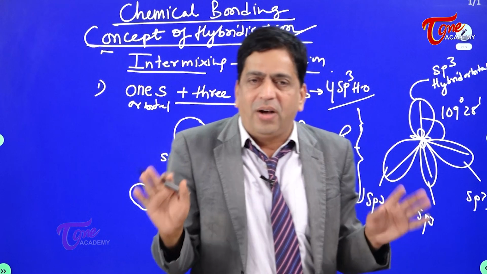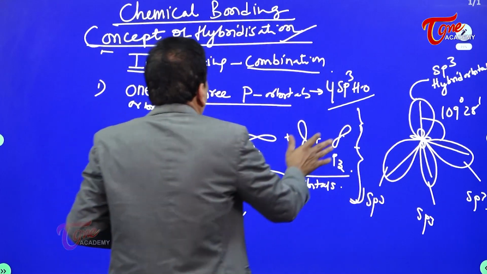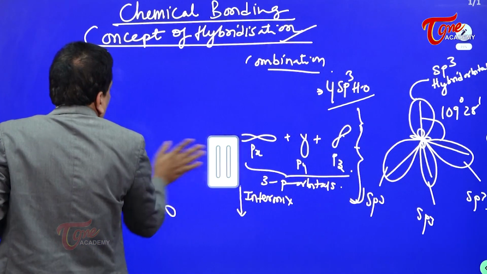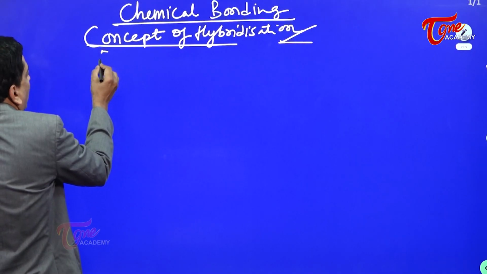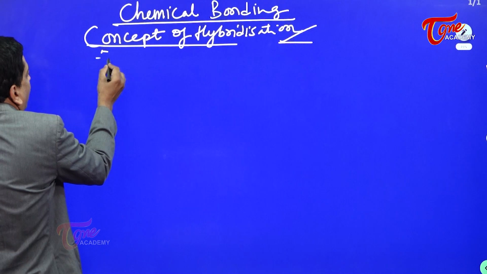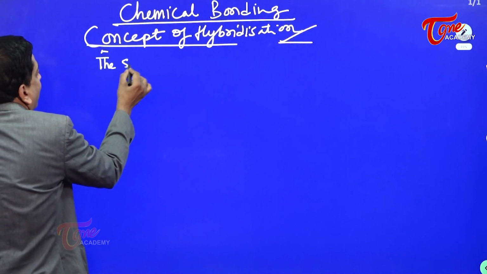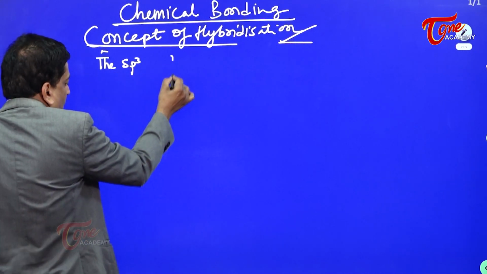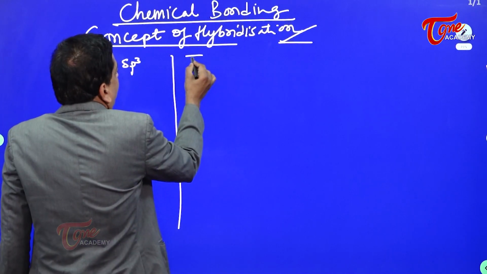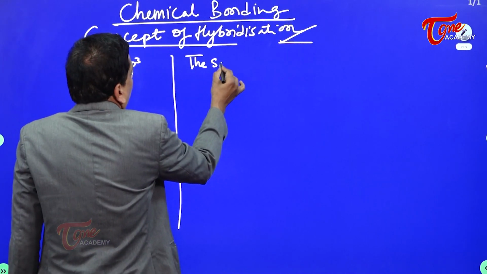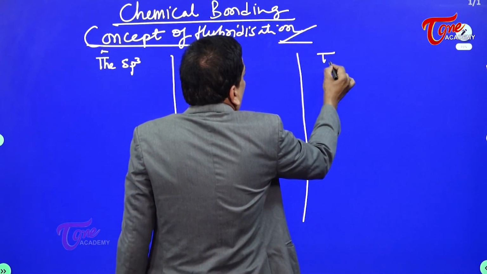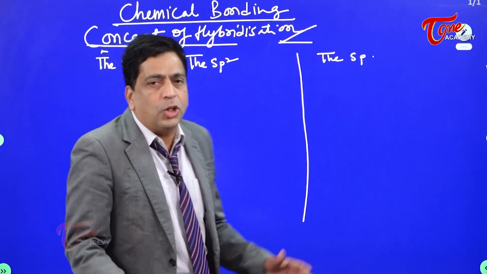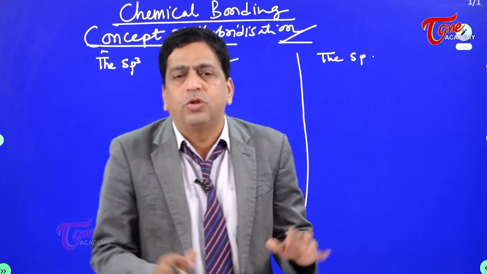So now let us actually be specific. The mixing, this is the first one, the sp3, the sp2, and the sp. I propose to you 3 combinations.